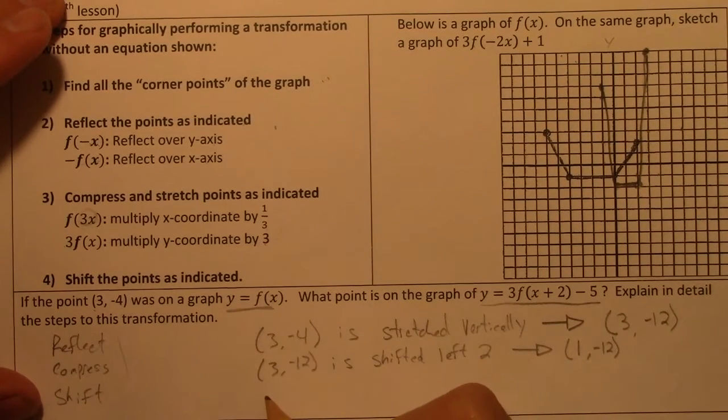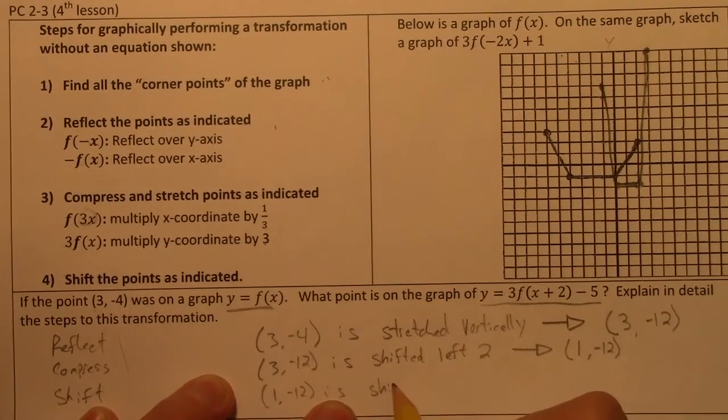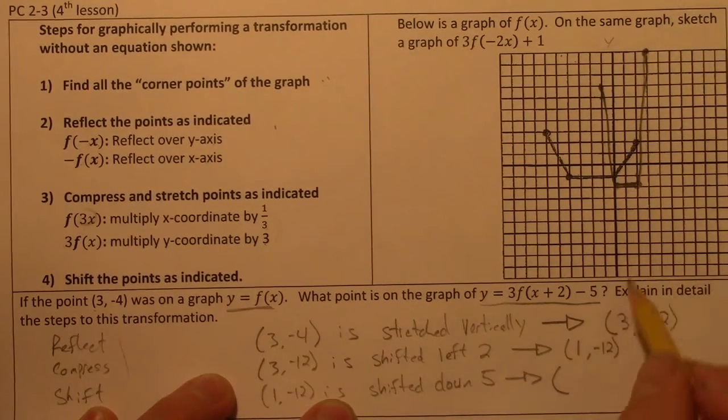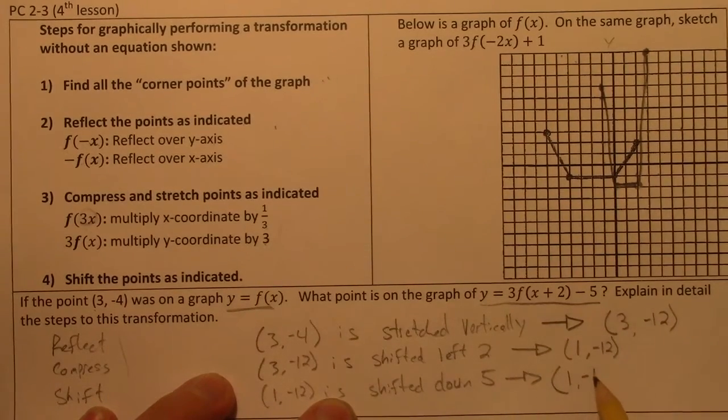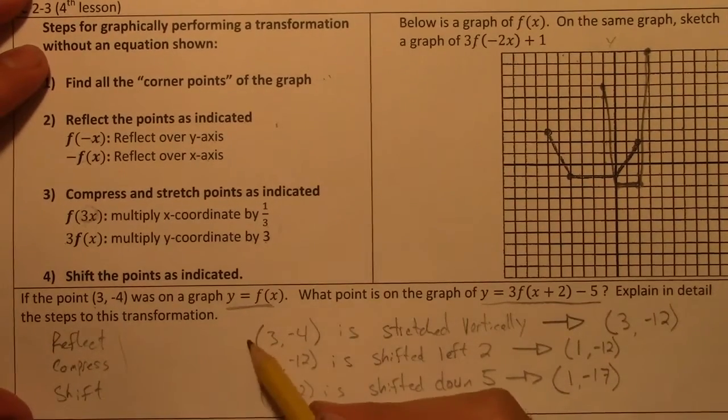And then last, (1, -12) is shifted down 5. Imagine us being at -12 down here, (1, -12) on a graph. Going down 5, that'd be what? (1, -17).